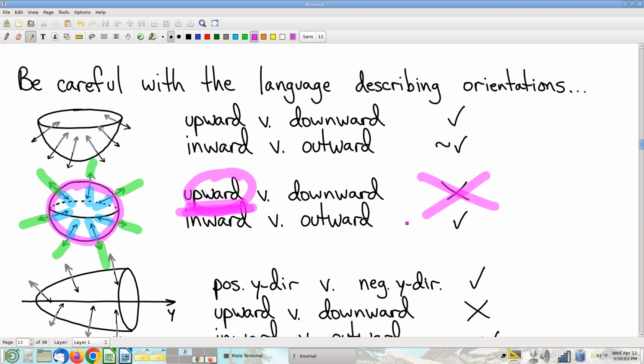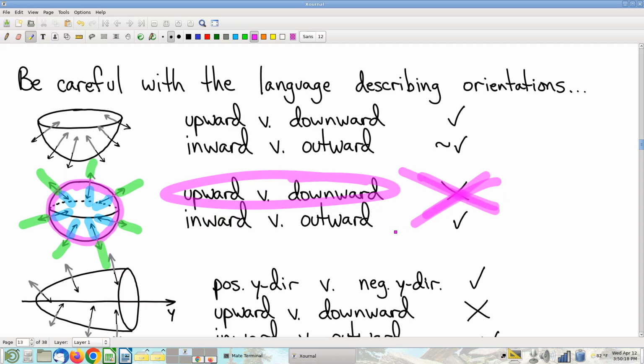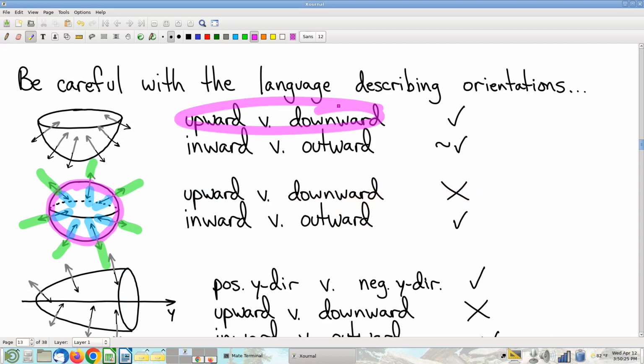It does not distinguish between the two possible orientations that I might need to refer to. And likewise downward, equally bad. So you cannot use upward versus downward for this surface. Now, keep in mind, this was the preferred terminology for that surface. So different surfaces have different geometry and thus require different language.